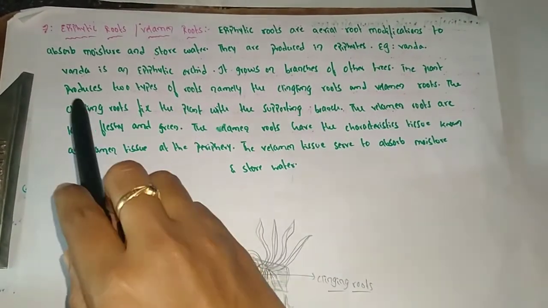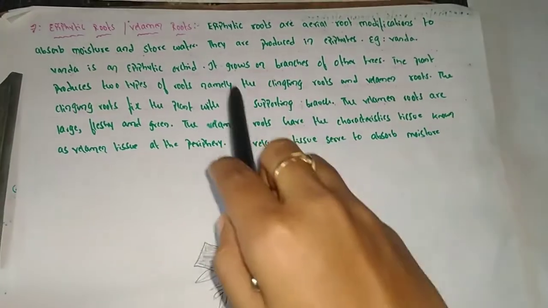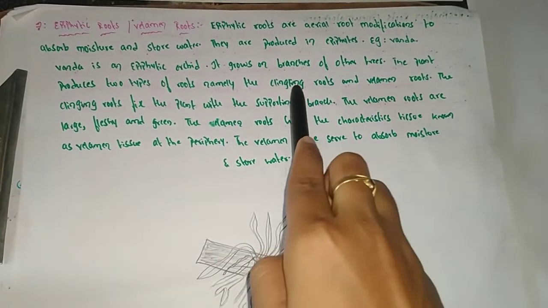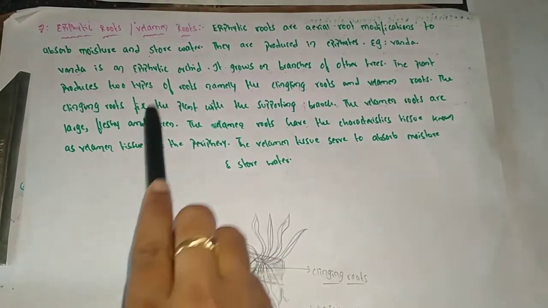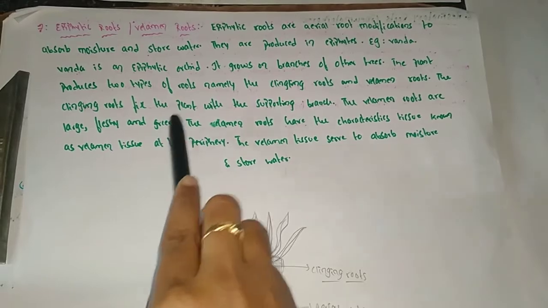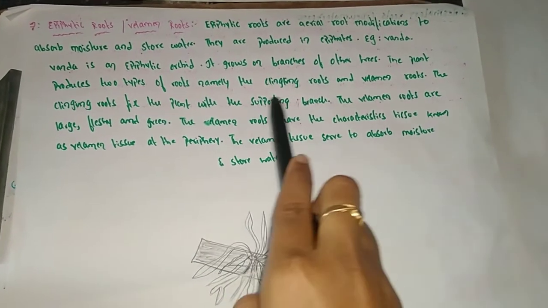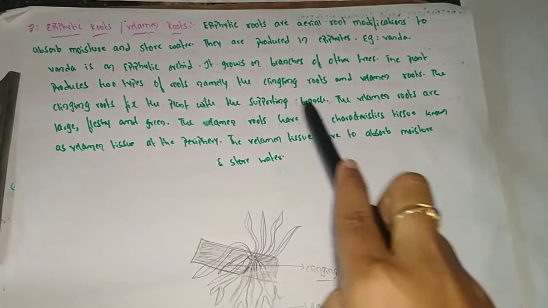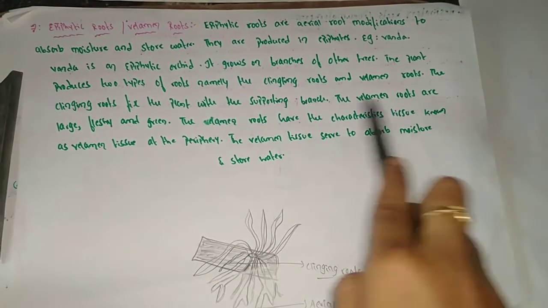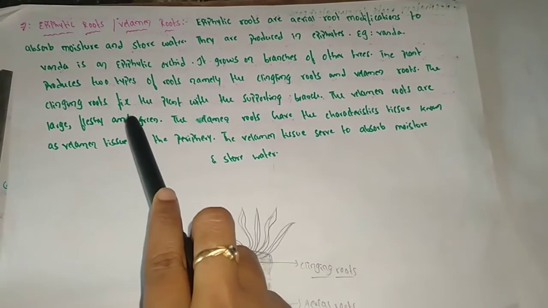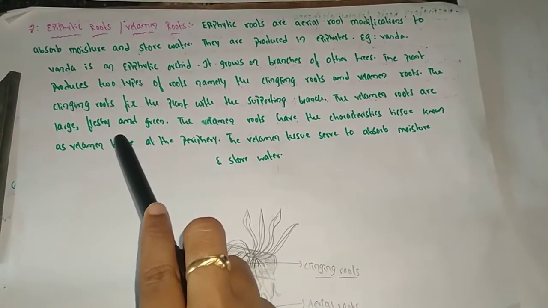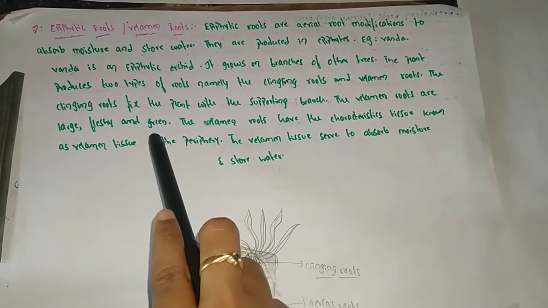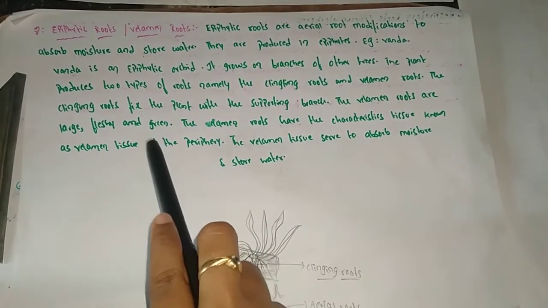The plant produces two types of roots, namely clinging roots and velamen roots. Clinging roots help to fix the plant and give support. The velamen roots are large, fleshy, green. At the periphery, the edge of the velamen root, there is a characteristic tissue known as velamen tissue.